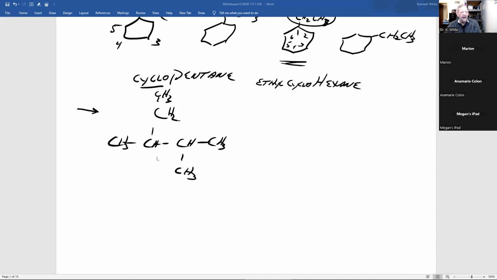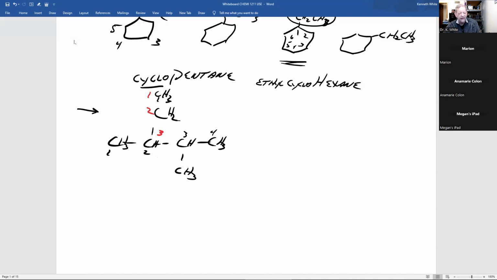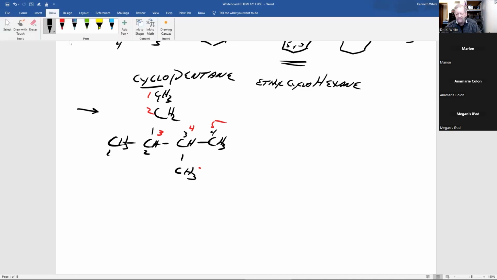Now, you have to find the longest chain. Carbons bonded together, linked together. This would be 1, 2, 3, 4. That's one chain, but another chain, 1, 2, 3, and this carbon is linked to that 4, and that's 5. Or if I came down here, that'd be 5. So the longest chain is 5 carbons, and that's pentane.